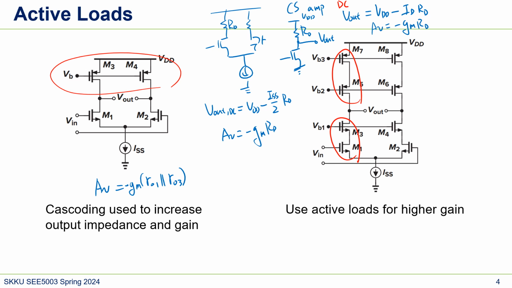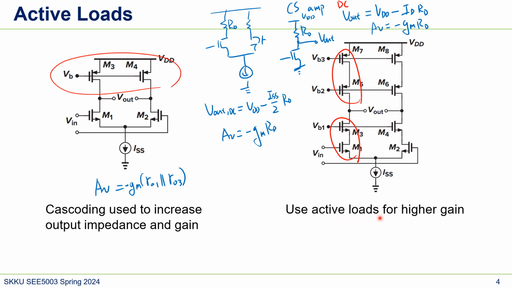The reason why they use both cascodes is that if you just use one cascode, the parallel resistance is limited by the smaller part. So if you just use one cascode, it's not that effective. That's why we use both cascodes.